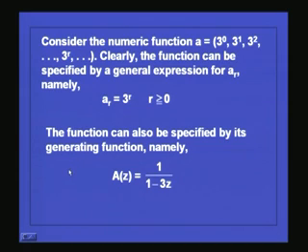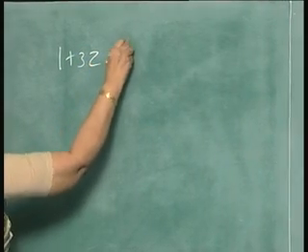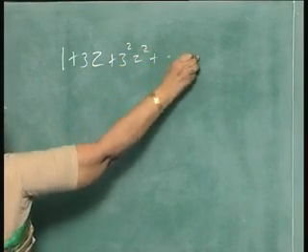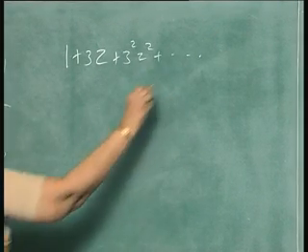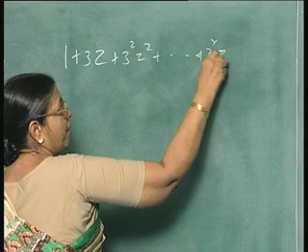Now, we will see later how to solve such equations by generating functions. This function can also be specified by its generating function, namely A of z is equal to 1 by 1 minus 3z. If you expand this, it will be 1 plus 3z plus 3 squared z squared, etc. So, the coefficient of z power r, the general term, will be 3 power r z power r.